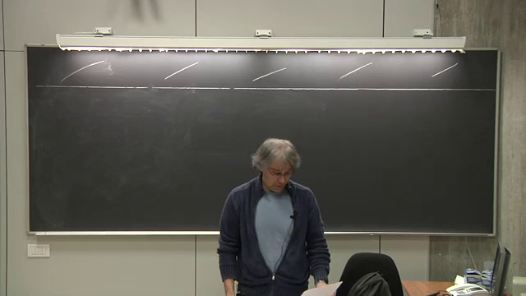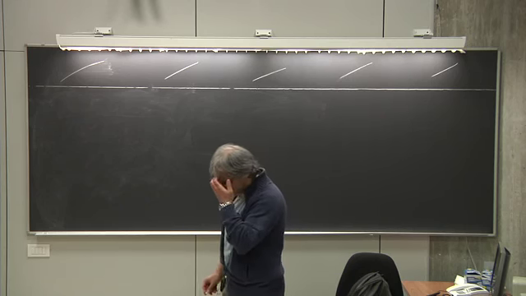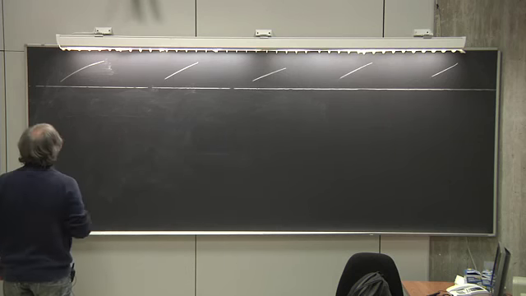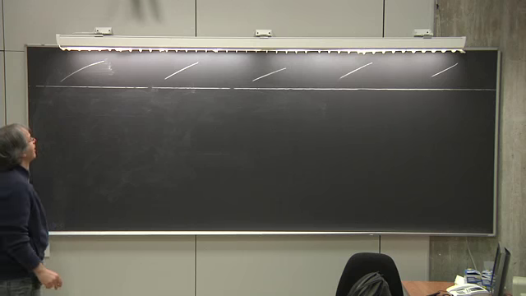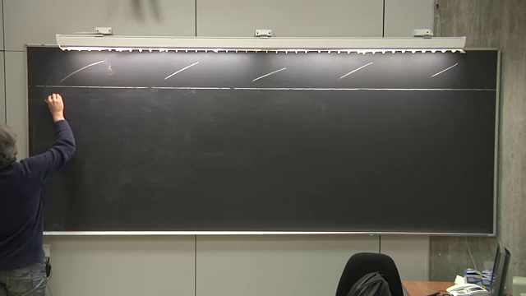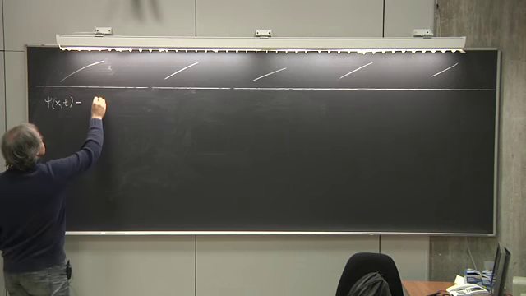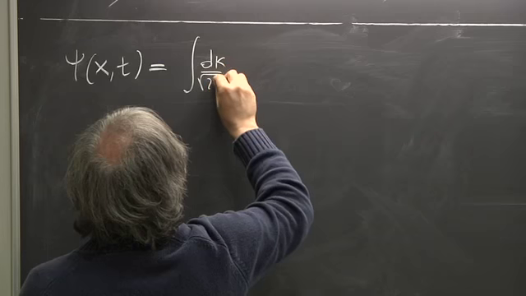Okay, so I summarize what we showed last time. We showed that in order to describe a wave packet, a possible solution of this problem is to write something like this.